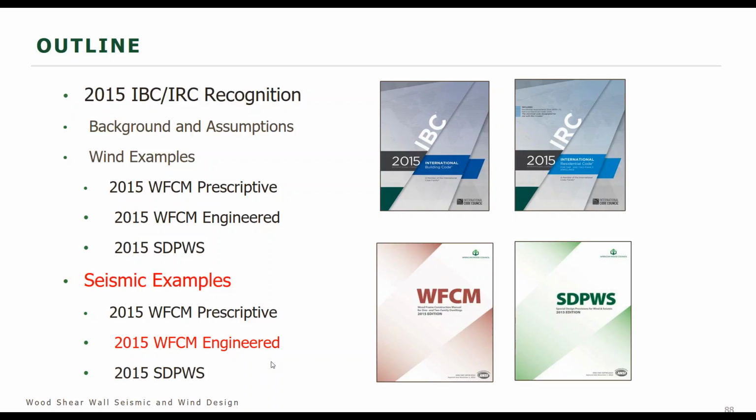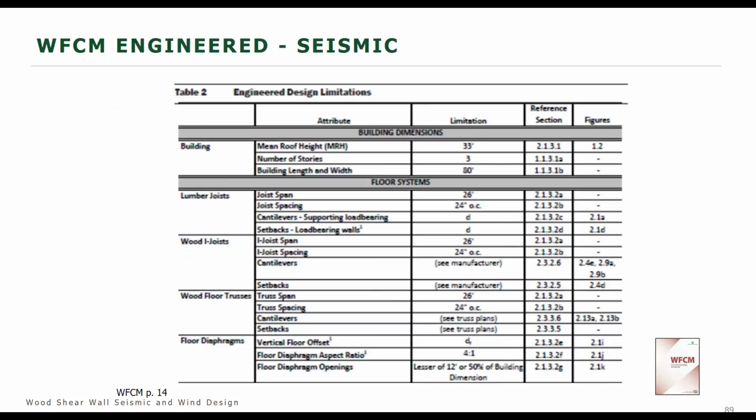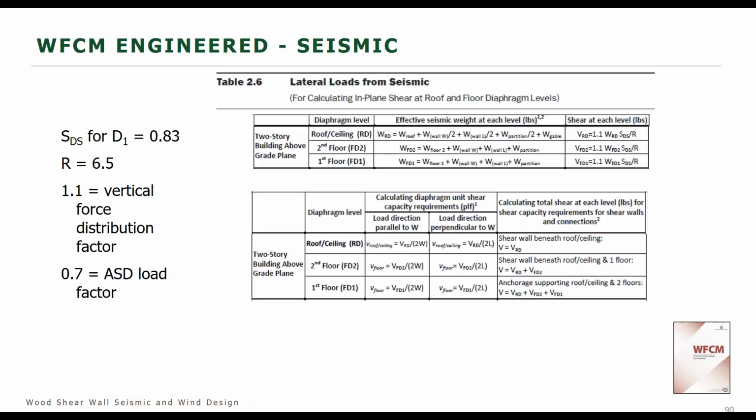Okay, now we're on to the wood frame construction manual, the engineered approach. And this is where you obviously need to check the minimum requirements in Table 2 at the beginning of Chapter 2. And also what we're going to do now is, instead of saying this is the minimum required length that we have, we're going to look at it from a different standpoint and ask, what are the induced loads on this structure, and then determine what we need for our structure.